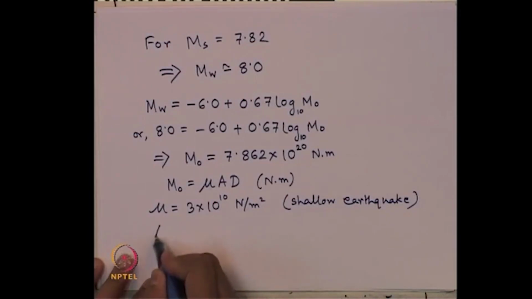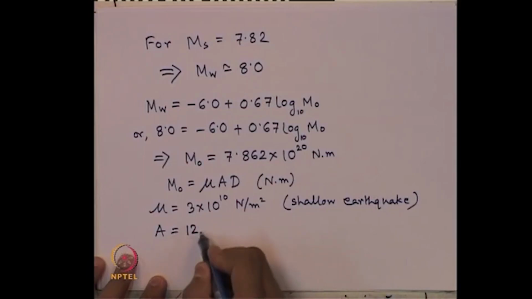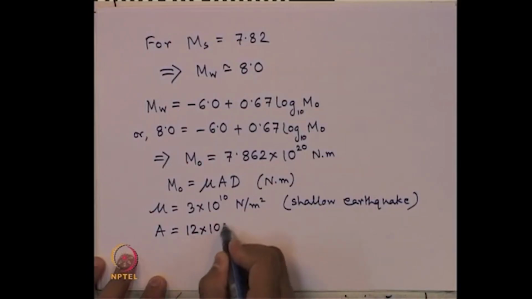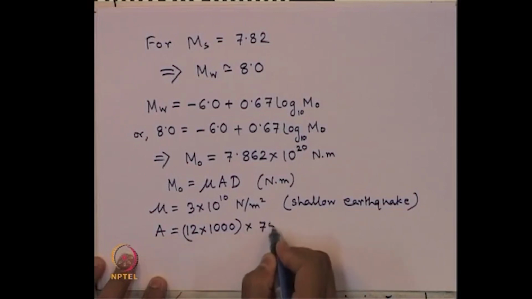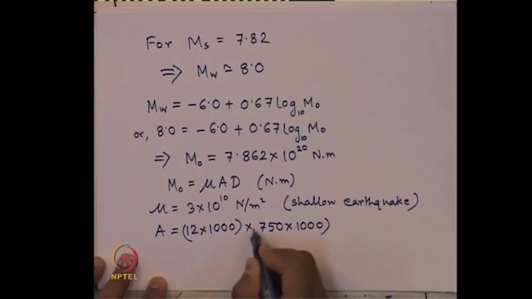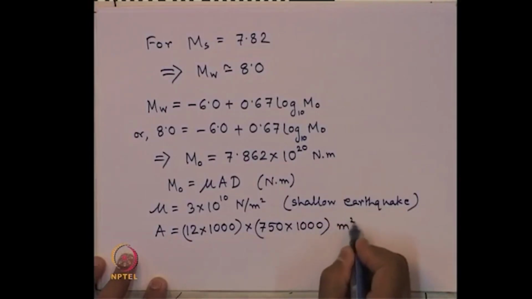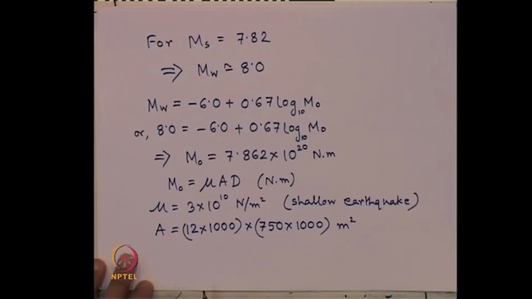We can compute A from the given data: 12 kilometers we have to convert into meters, and 750 kilometers we have to again convert into meters. So, so many square meters is the area, fine, that is the length and rupture distance of the fault.